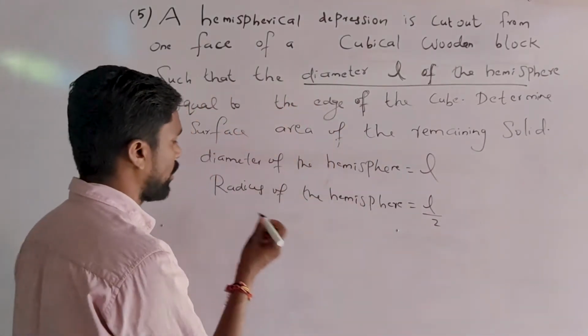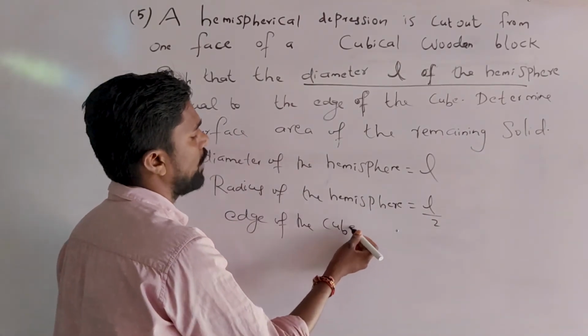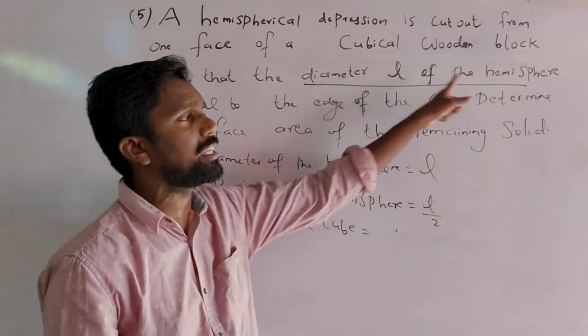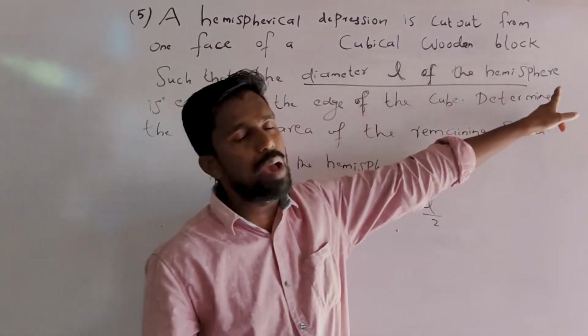It is given in the question that the edge of the cube is equal to the diameter of the hemisphere.